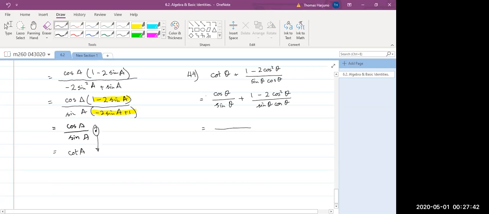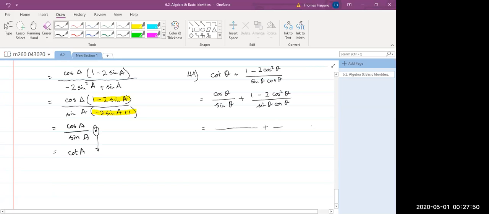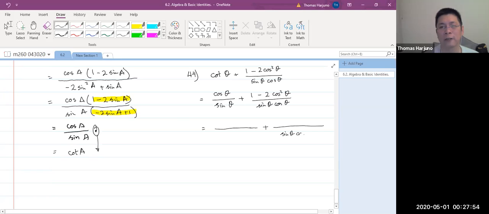I'm talking about combining the fractions into one. We don't say that we multiply by the LCD, we find the LCD. The LCD is sine theta cosine theta, right? So on the first fraction, we multiply the top and the bottom by cosine theta.